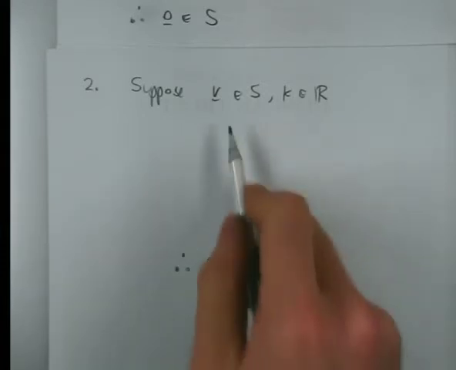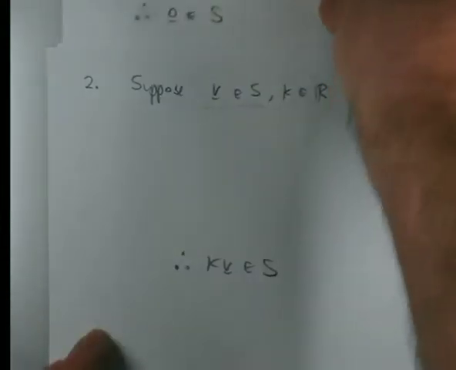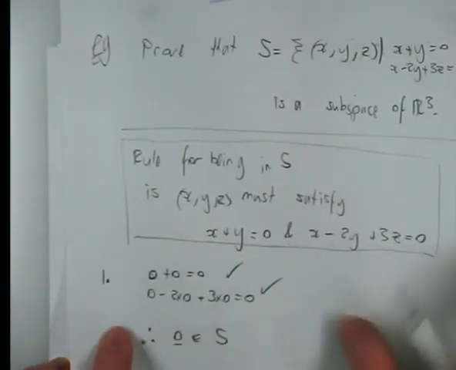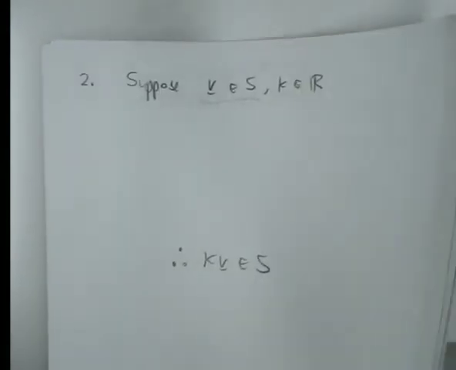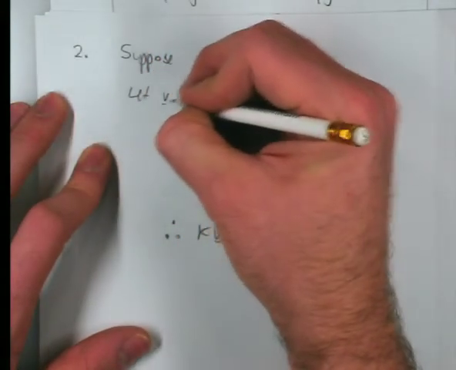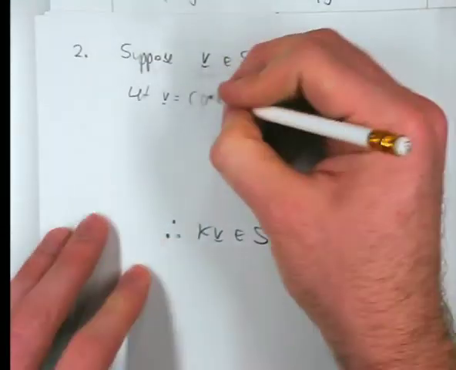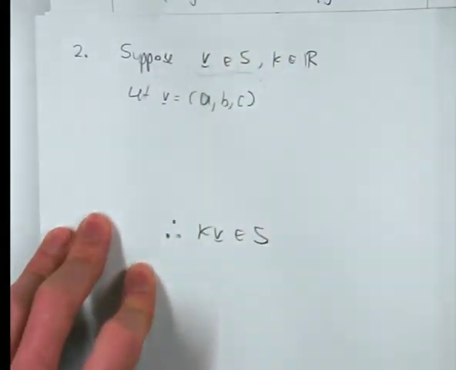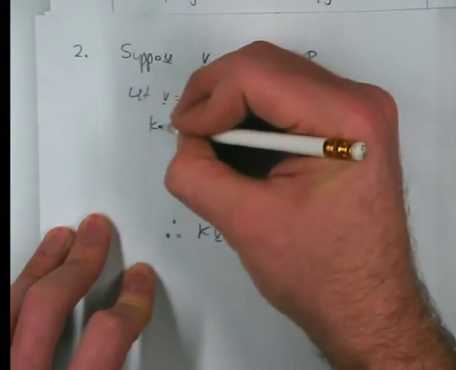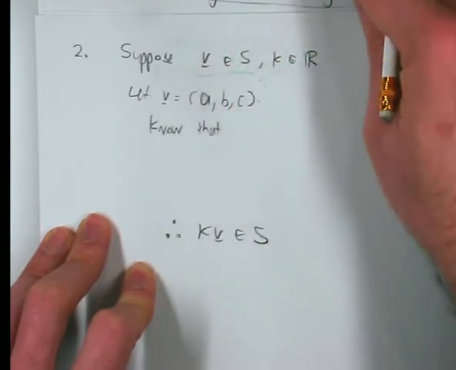But I have written a statement that V is in S, and I have a rule for what that means. It means that whatever the coordinates of V are will have to satisfy the equations, because that's what the rule is. The rule says to be in S, I have to satisfy the equations. So that means that I need to know what the coordinates of V are. So I will say let V be equal to A, B, and C. Then we know that if we sub that into the equations, it'll work.